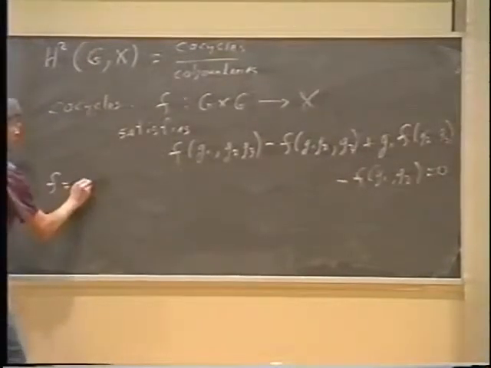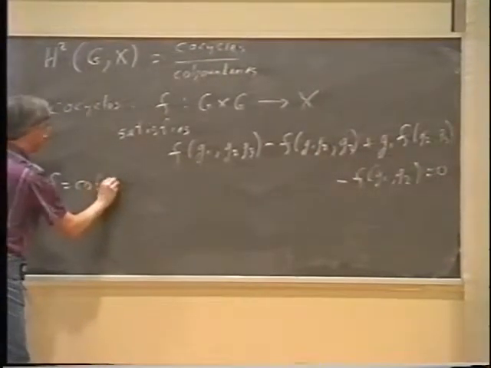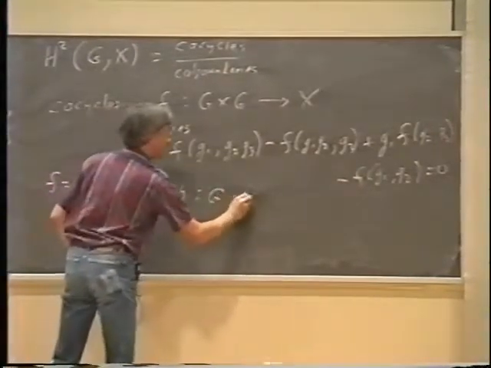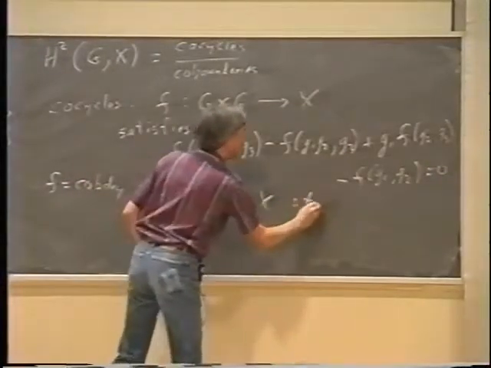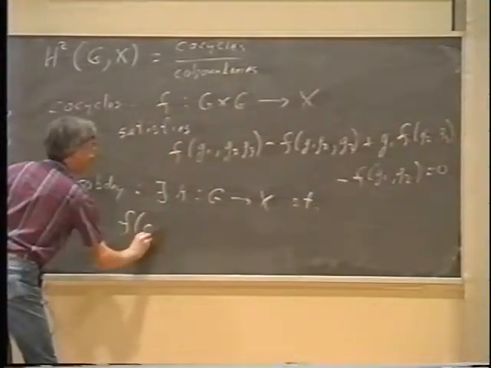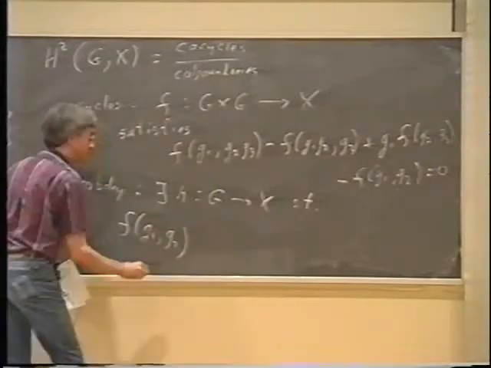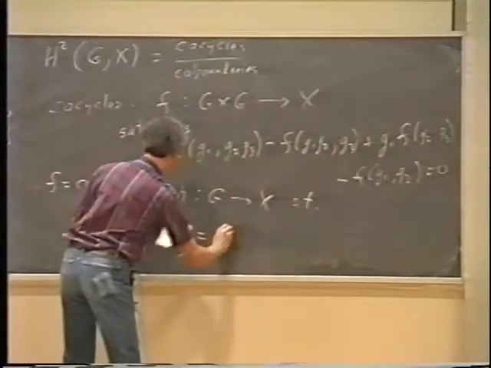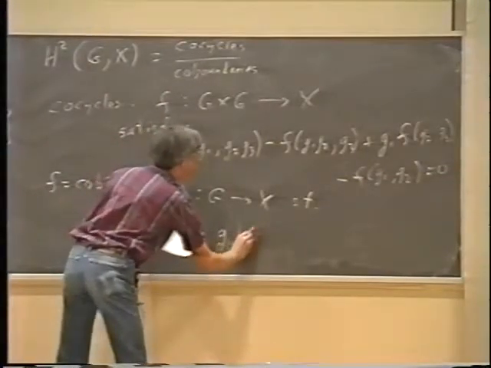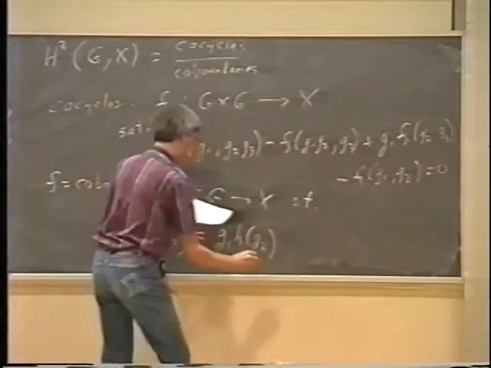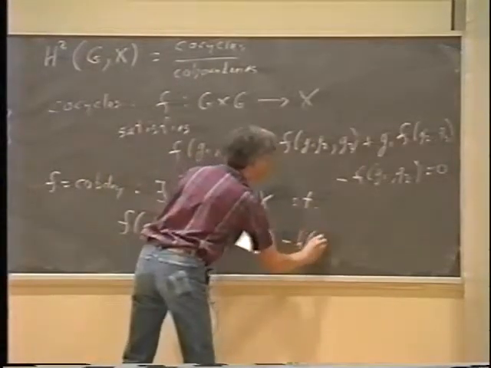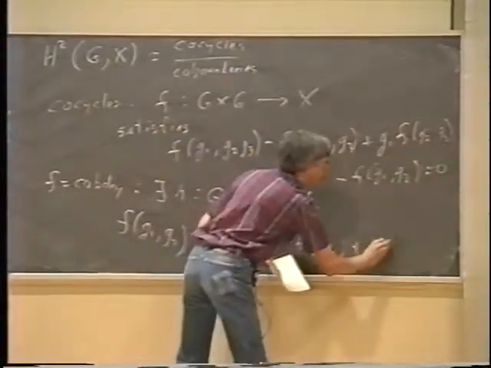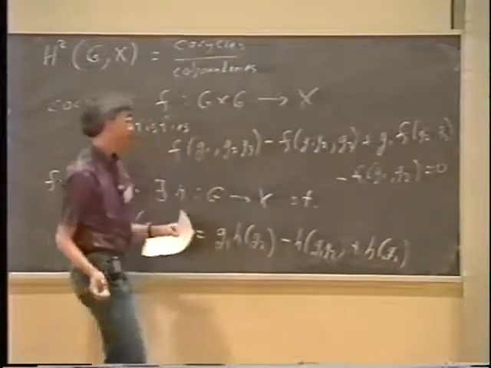And F is a coboundary means there exists a function h mapping G to X such that F of g1, g2 is g1 h of g2 minus h of the product g1 g2 plus h of g1.